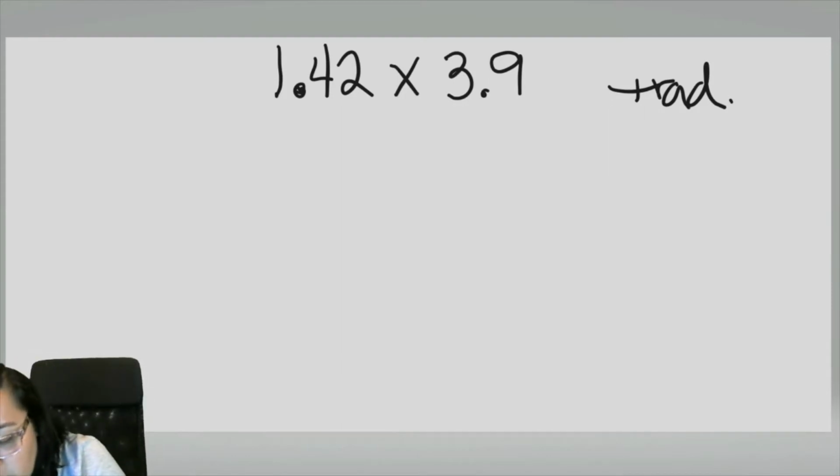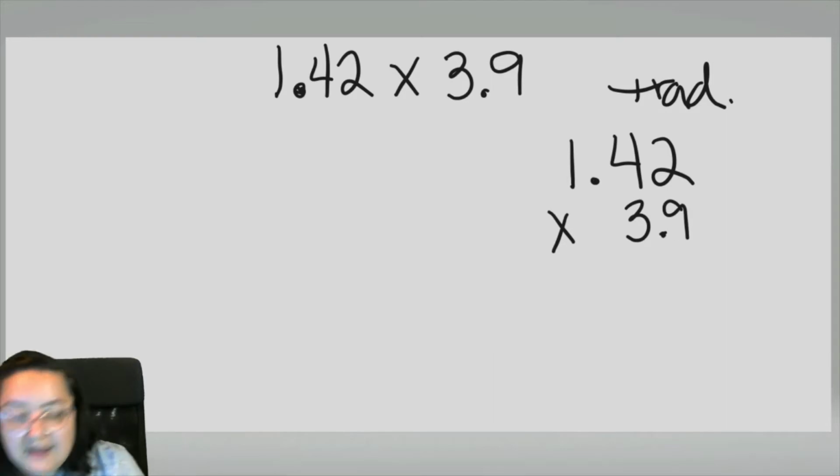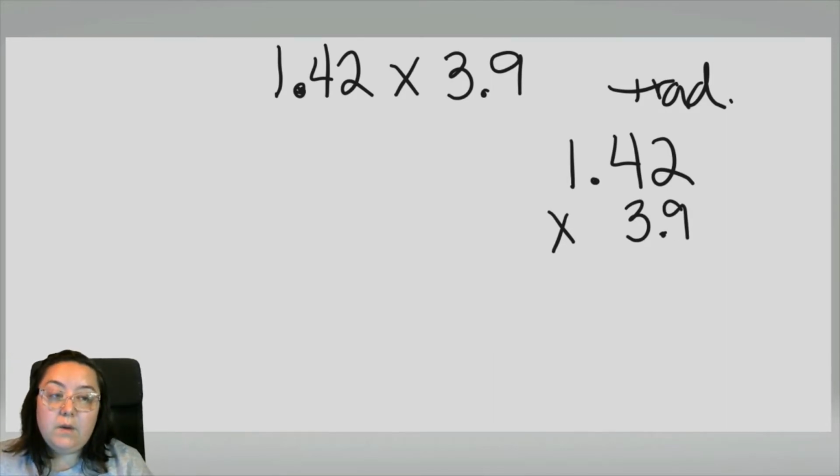So 1 42/100 times 3 9/10. Now, I know not everybody likes to do it this way, but I'm going to show you both ways. I did not line up my decimals to solve this problem.